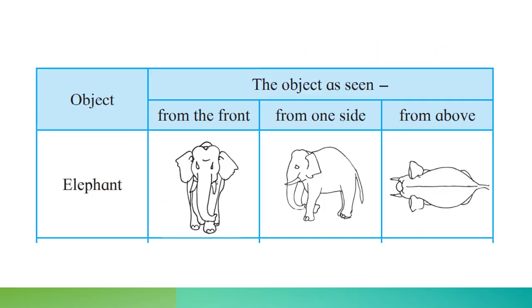Now here it is from the textbook. Again an elephant. From the front, from one side, from above. This is something interesting. From the above, an elephant looks like this, and we will fail to understand this is an elephant. ये देखिएगा तो लगता है एलिफेंट, ये भी एलिफेंट, ये कैसे एलिफेंट है? ऊपर से देख रहा हूँ, फ्रॉम अबव.